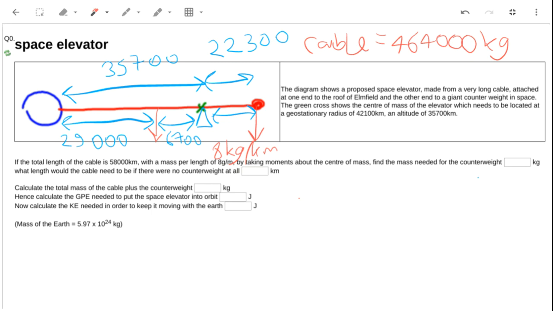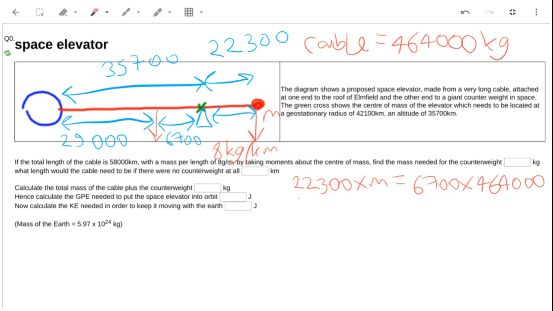Now, I can work out the counterweight because let's call it M. So taking moments, 22,300 times M, that's going to equal the moment on the other side, which is 6,700, the distance from the pivot, multiplied by the mass of the cable, which is 464,000.